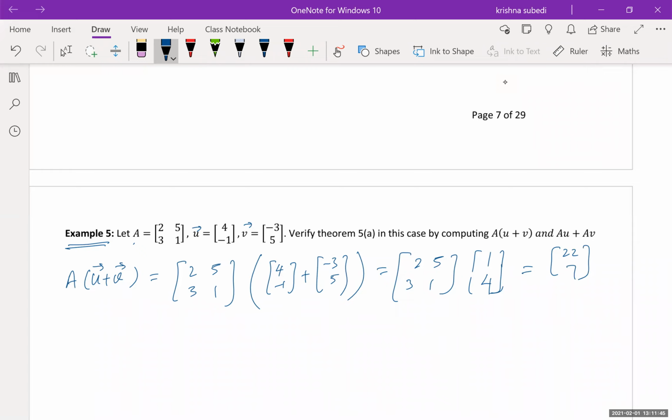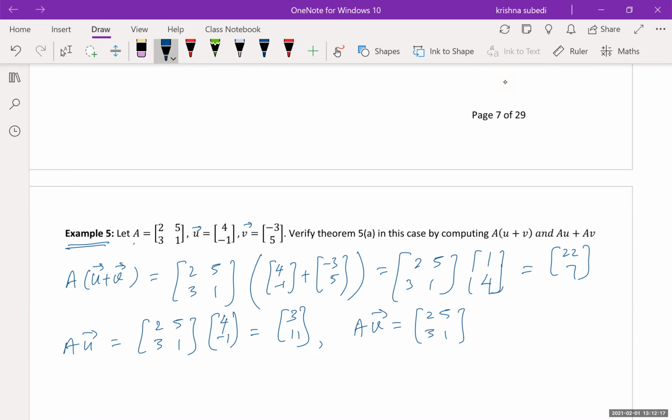And let us calculate AU. A is 2, 5, 3, and 1. U is 4 and negative 1. If you multiply that, you're going to get 3 and 11. And AV is 2, 5, 3, 1, and V is negative 3 and 5. If you multiply that, you're going to get 19 and negative 4.